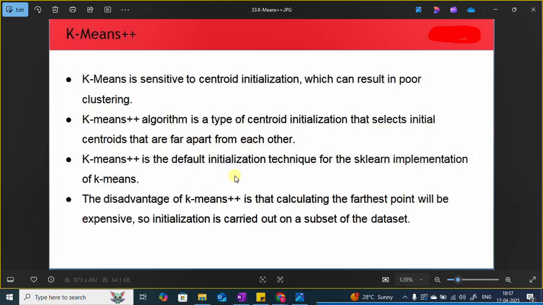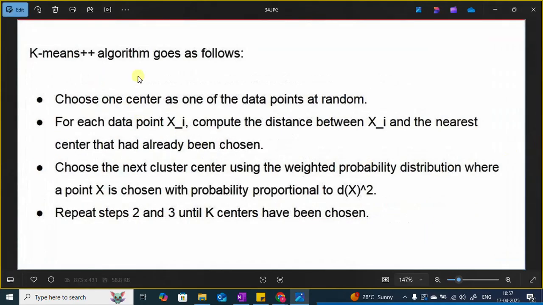K-means plus plus is the default initialization technique for the scikit-learn implementation of K-means. The disadvantage of K-means plus plus is that calculating the farthest point will be expensive, so initialization is carried out on a subset of the data set. Even though we overcome the problem that occurs in K-means, there is some disadvantage in K-means plus plus too.